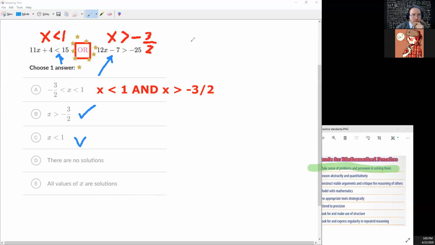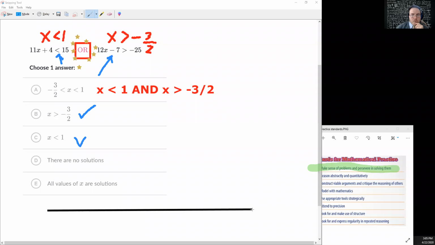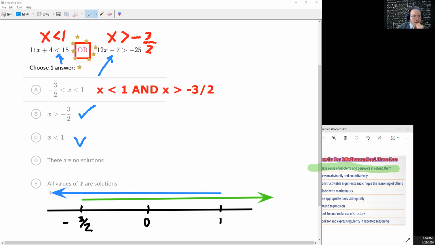that means that our number line, so basically we're going to have one number sentence saying that x is greater than -3/2, and then another sentence that says that x is less than 1.